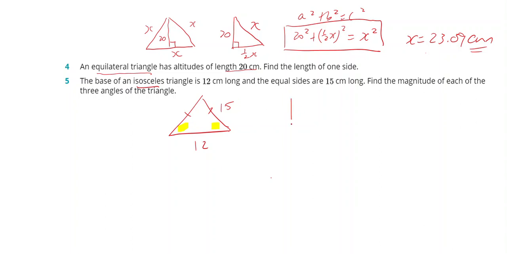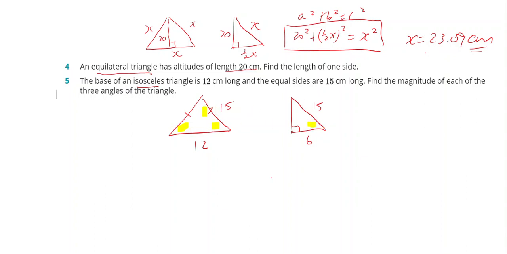If I were to cut the triangle in half, so again, we're trying to create right angle triangles here, because we know how to use either SOHCAHTOA or something else to work it out. So this would be 15. If I cut the base in half, that'll be 6. I need to find this angle first, because when I find this angle, I can find the other one.